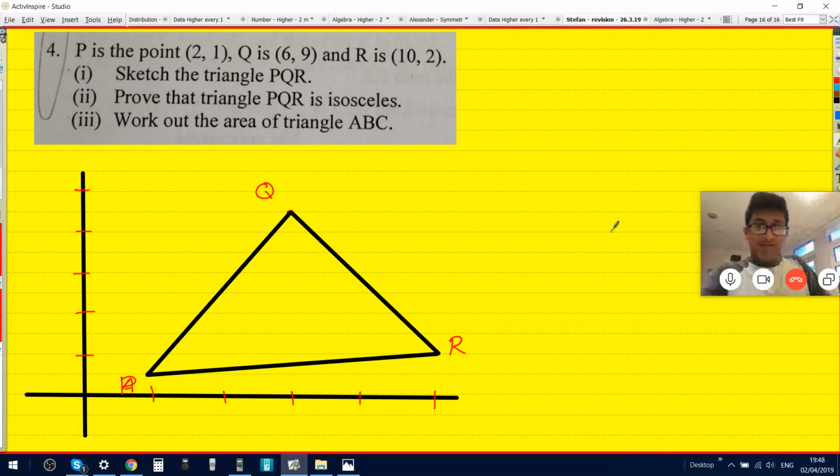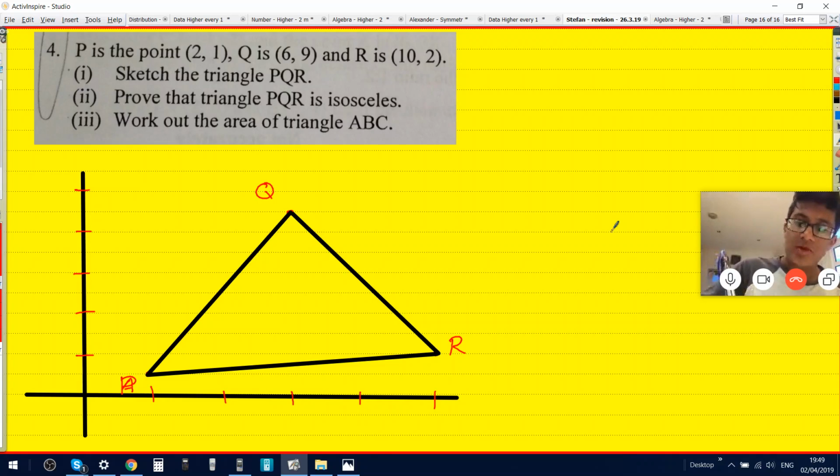Then the last thing we have to do is PR or RP. The change in x is 8, because we're going from 2 to 10.